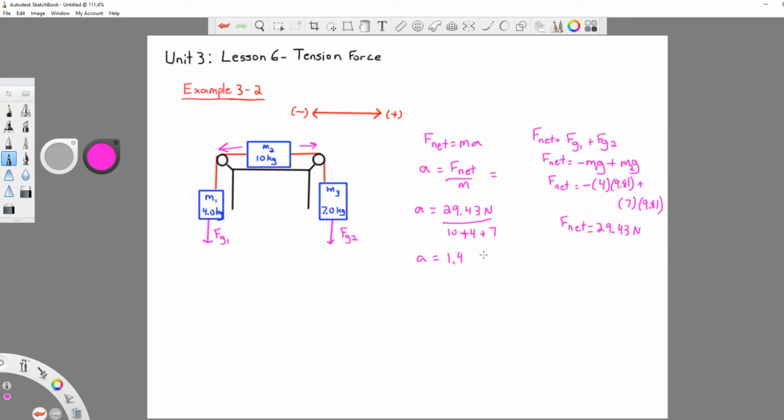We are only given 2 sig digs, so 1.4 meters per second squared. That's a positive value. We were keeping track of all our positives and negatives here. This was our negative value because it's going to the left. So we can say that, as predicted, this is moving to the right. And there we go. That is our final answer.